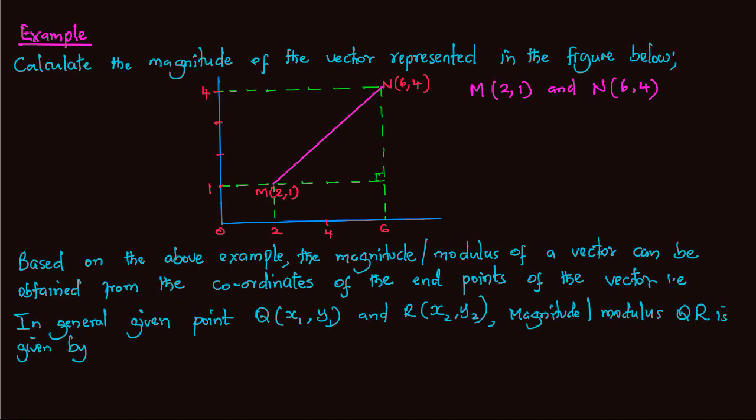The displacement parallel to the x-axis is from point 2 to point 6, which gives us 4 units, while the displacement parallel to the y-axis is from point 1 to point 4, which gives us 3 units.